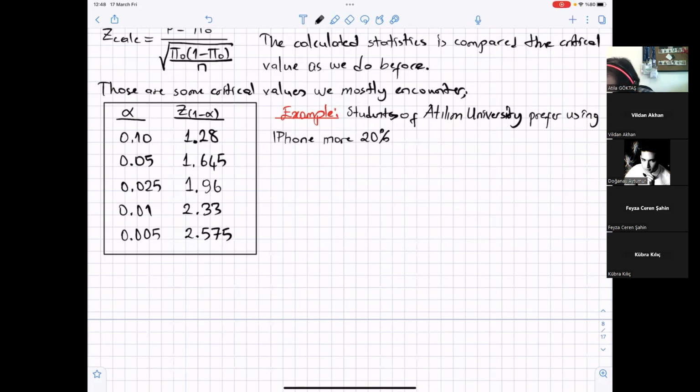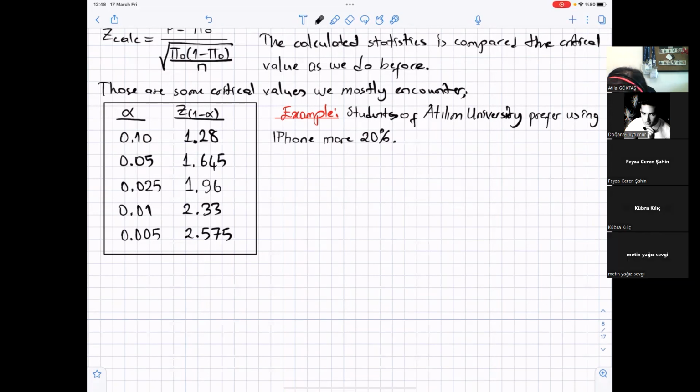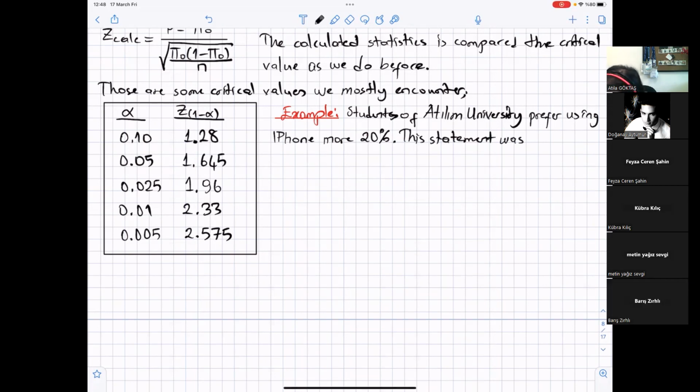This statement was on a billboard in the previous semester, billboards of Athlone University in the previous semester.